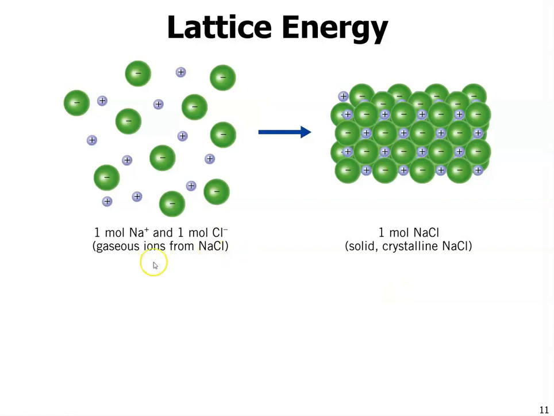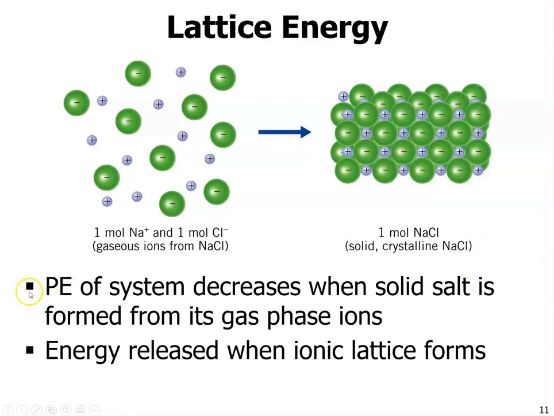And here's an idea of what's going on and how this lattice energy works and where this energy comes from. On the left side, we have gaseous sodium chloride. On the right, we have solid crystal sodium chloride. So where does this energy come from? Remember, when these are in a gas phase, they have a lot of kinetic energy. They have rotational, translational, and vibrational energies.